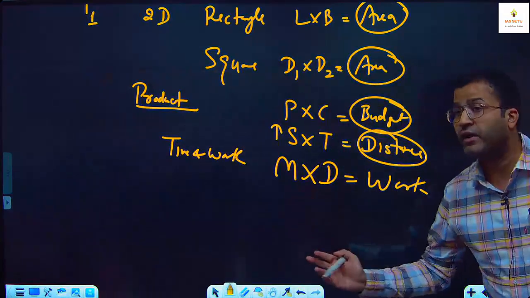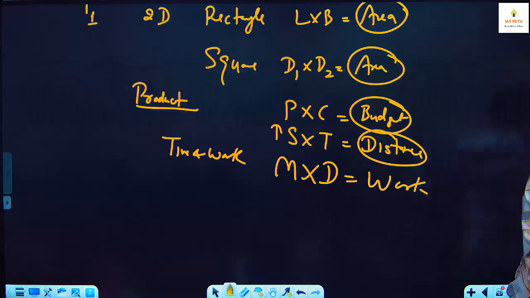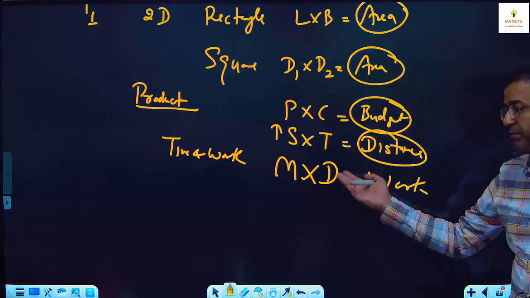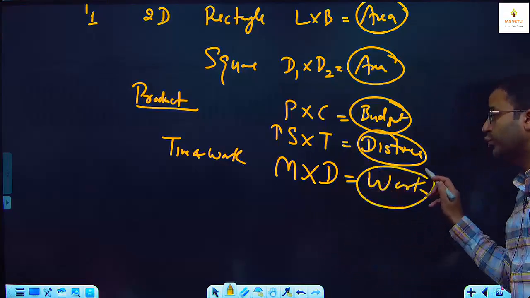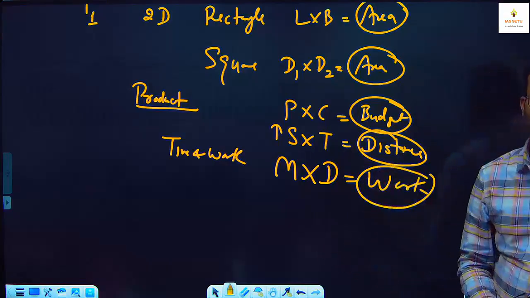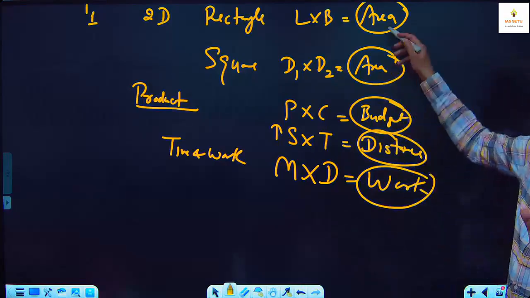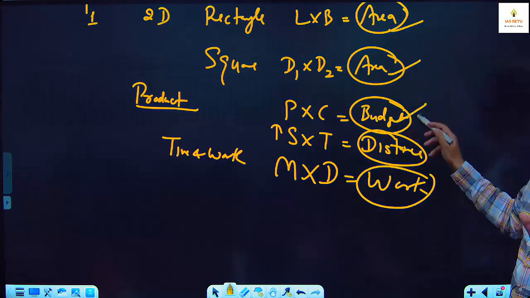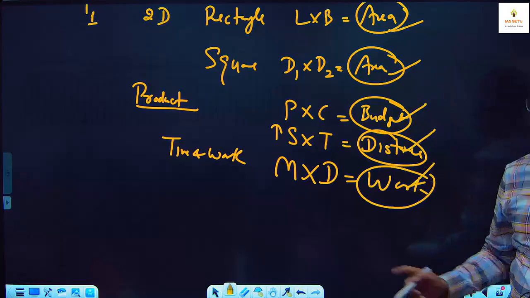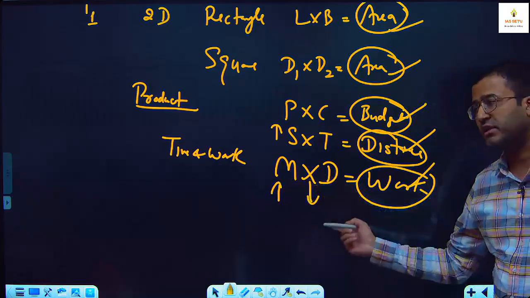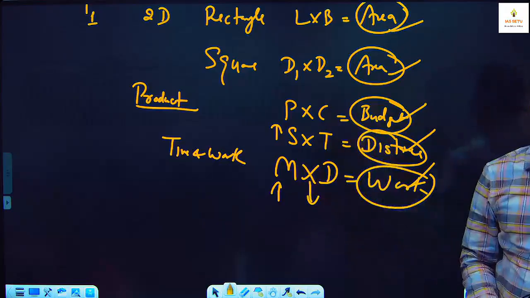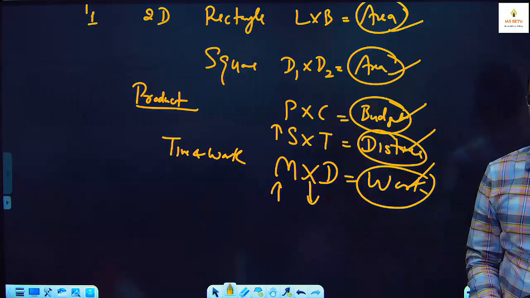The question will be like: if the number of men increases by 25%, by what percentage will the number of days be reduced so that they will do the same work? So what is important? Area same, budget same, distance same, work same, and there are two effects, one increase, one decrease. Increase given, decrease us; decrease given, increase us, and that we have to find within 5 seconds, and we can find.